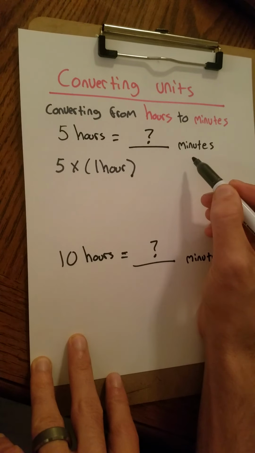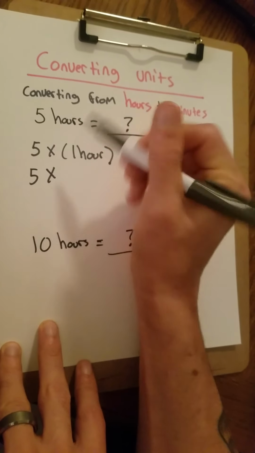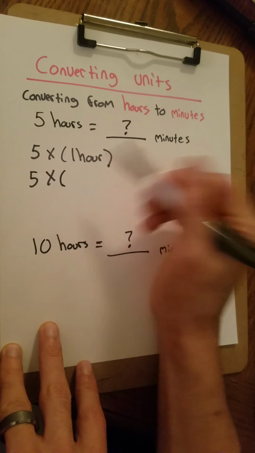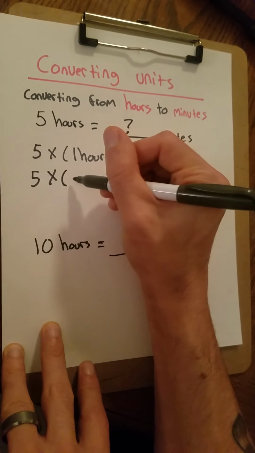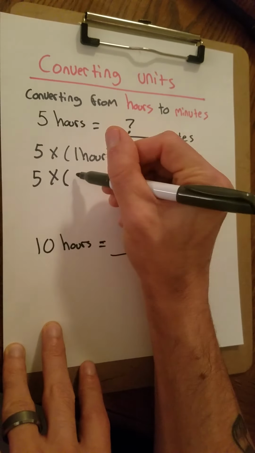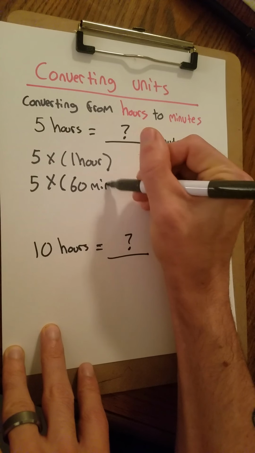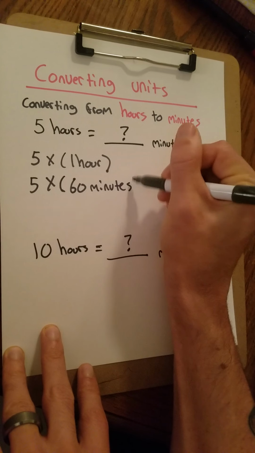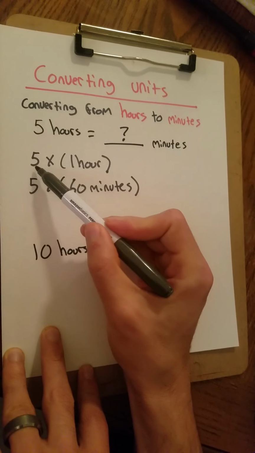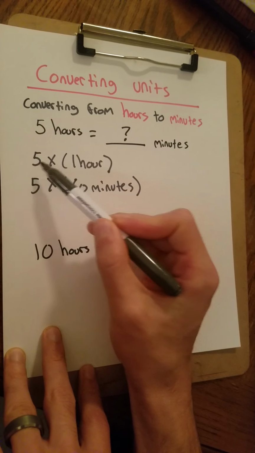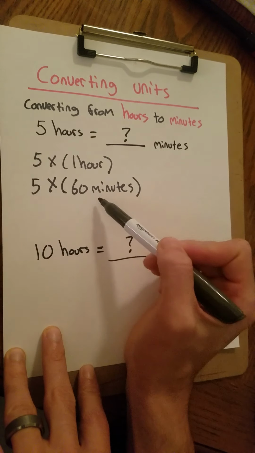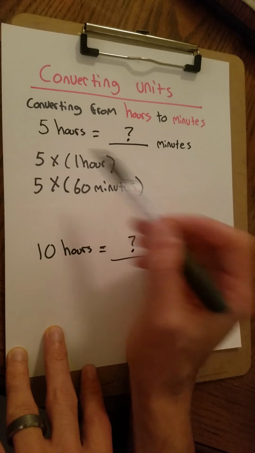We're going to convert it into minutes and see how many minutes are in 5 hours. 1 hour, we all know, is equal to 60 minutes. So 5 hours is the same as 5 times 1 hour, which is the same as 5 times 60 minutes.